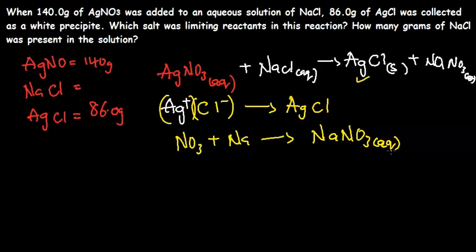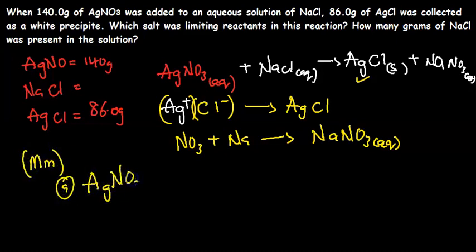So the first thing we need to do is to find the molar masses of silver nitrate and silver chloride. The first one we are going to find is for silver nitrate, and part B we are going to find for silver chloride.